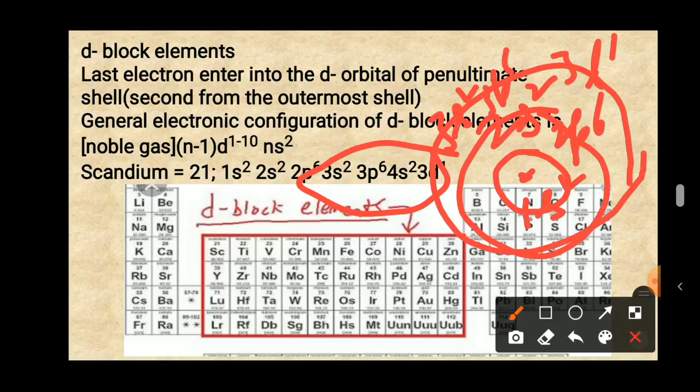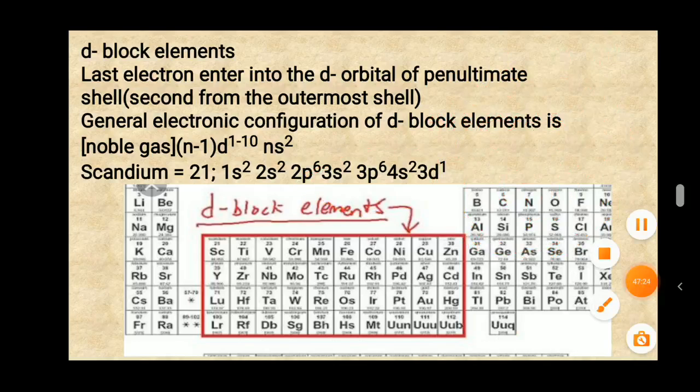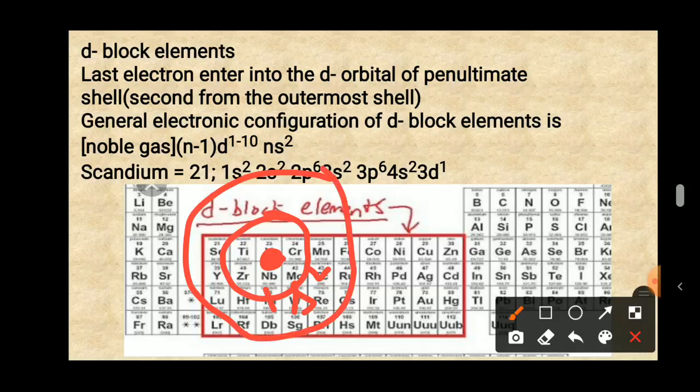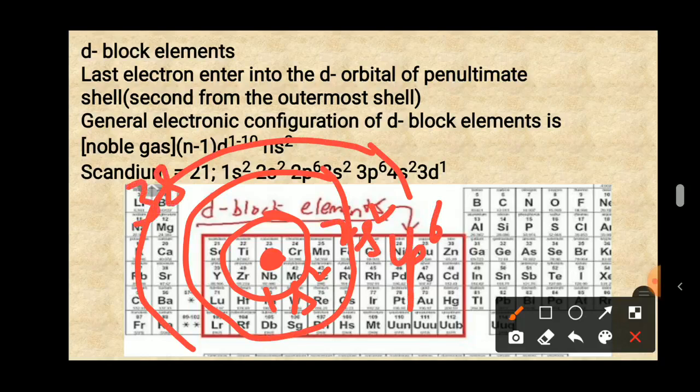I will write it again so you can understand more clearly. This is scandium, with the nucleus. The first shell contains 1s2, 2 electrons. The second shell has 2s2, 2p6. The third shell, based on the electronic configuration, has 3s2, 3p6 and 3d1.